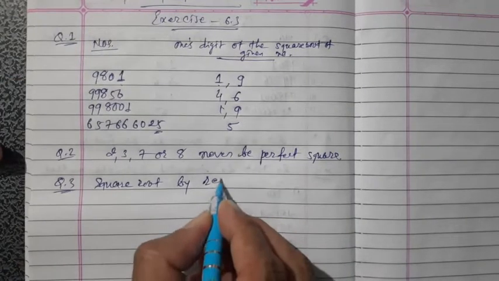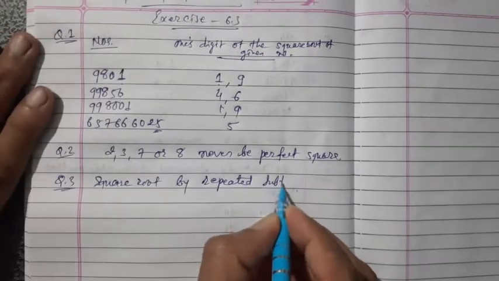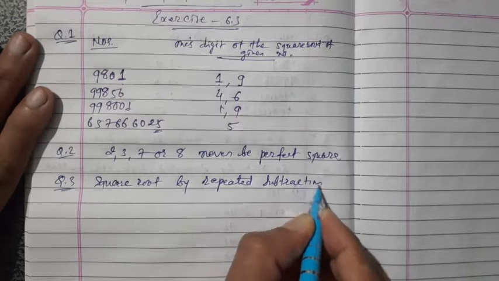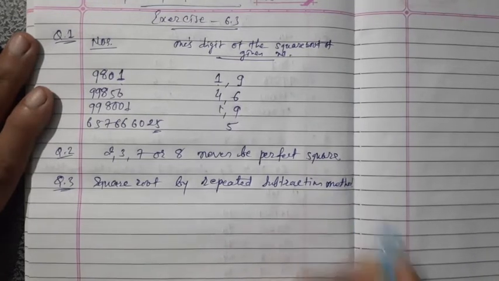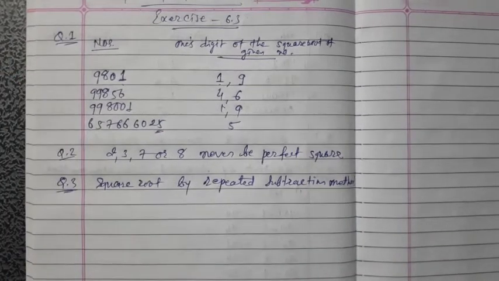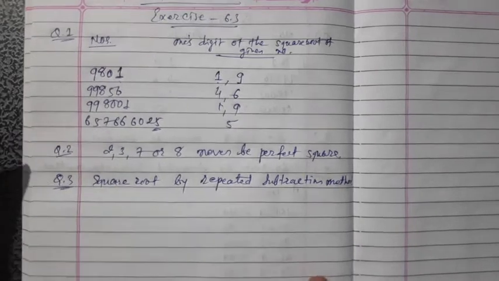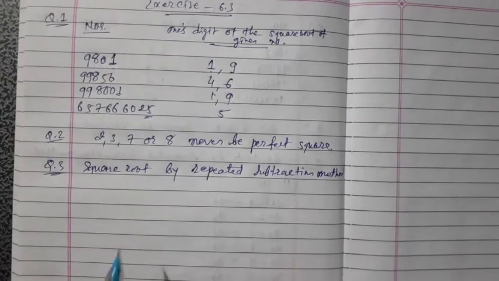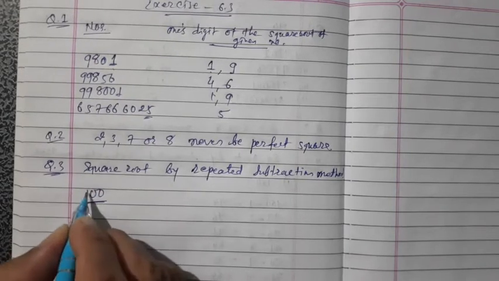The repeated subtraction method. In that, what to do? Just subtract natural odd numbers one by one, starting with 1. First we find the square root of 100.